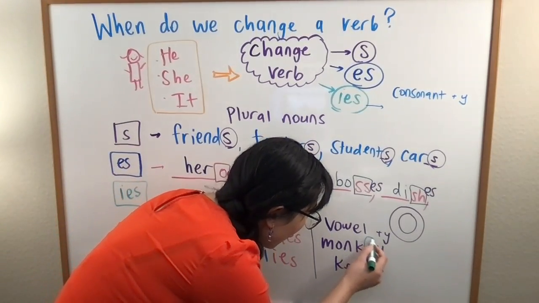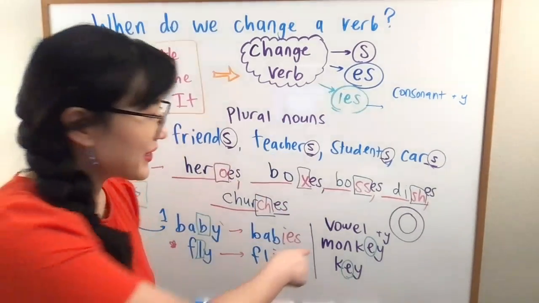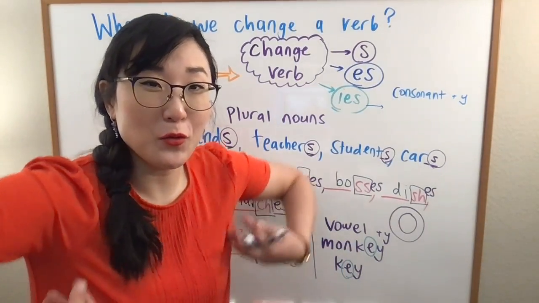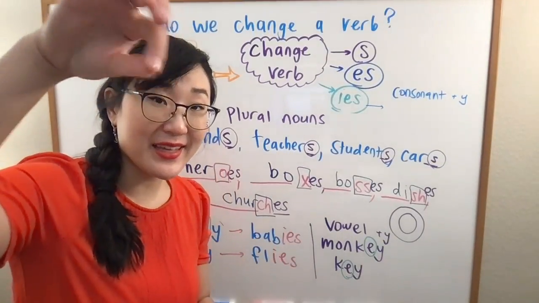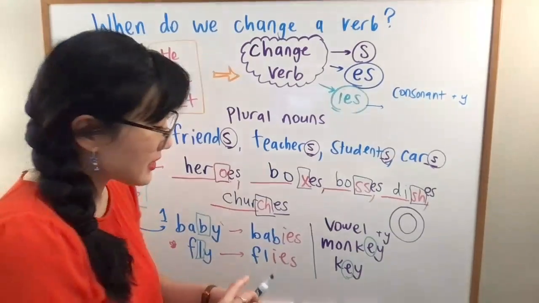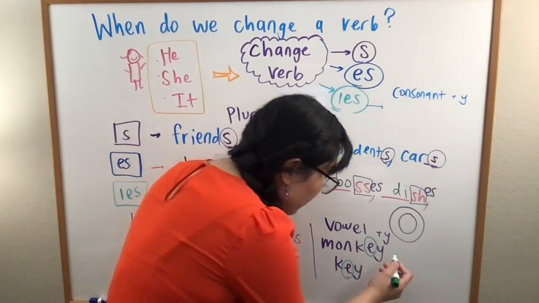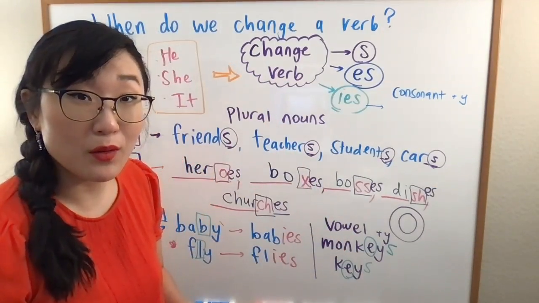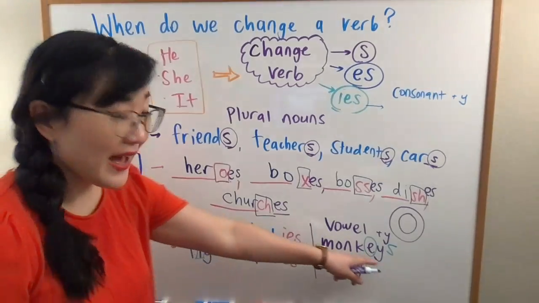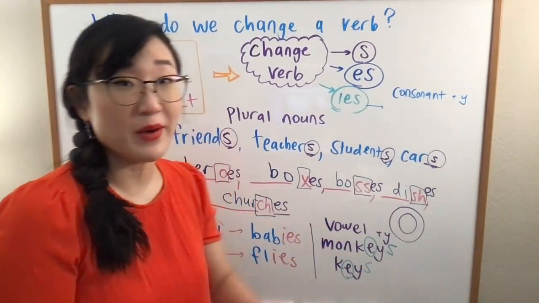I have a vowel in front of my Y. A monkey, like ooh, monkey. Key, car key, house key. Because this is a vowel, I only need to include S. Simple. I don't need IES because this is a vowel in front of my Y.